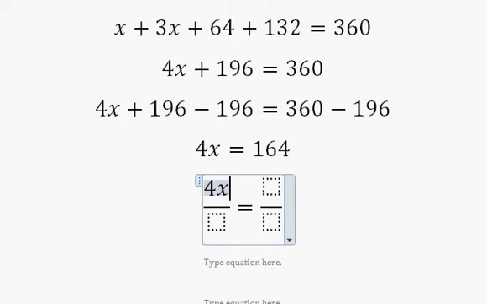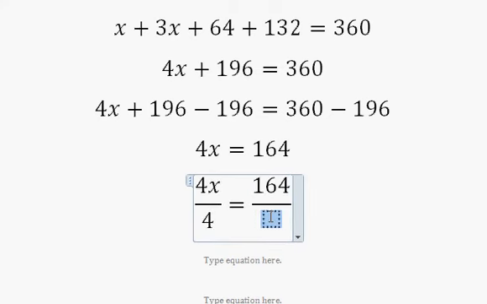So we can say that 4x divided by 4, so we're dividing 4x by 4, is equal to 164 also divided by 4, because we have to keep both expressions equal. And they are still equal because we've divided them both by 4. So 4x over 4 is equal to 164 over 4.